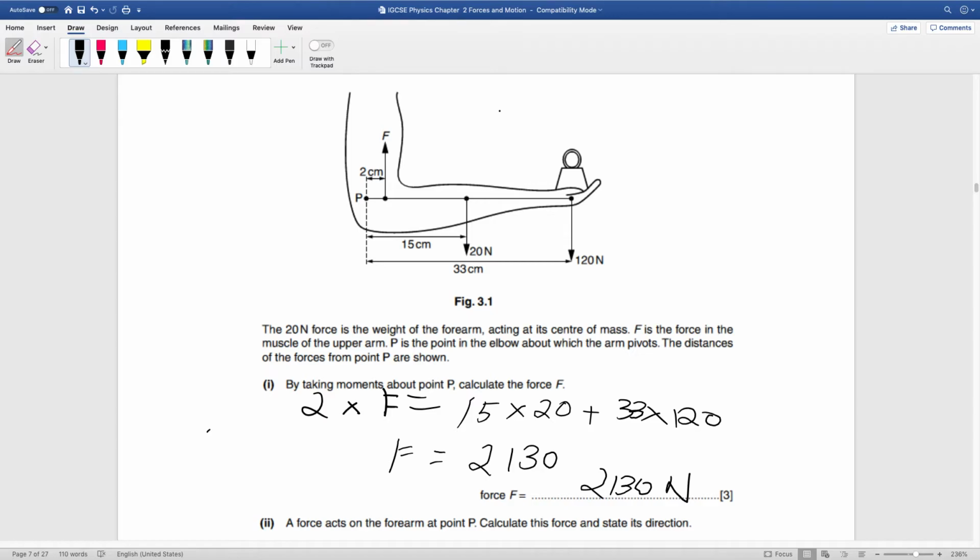So actually, you can see that in biology, what you have learned, the muscle will exert a force of 2130 Newton. It's much larger than the weight of the load, much larger than 120 Newton. That means we need a larger force to lift the load.